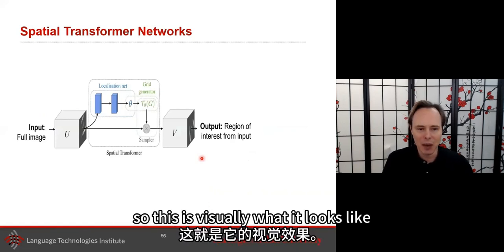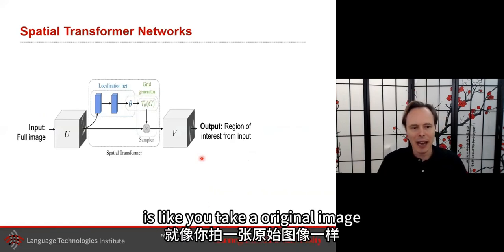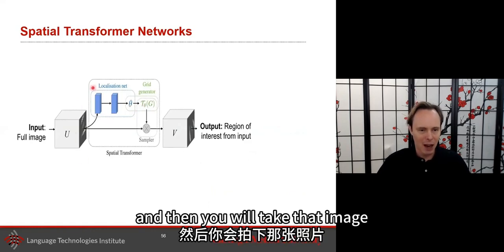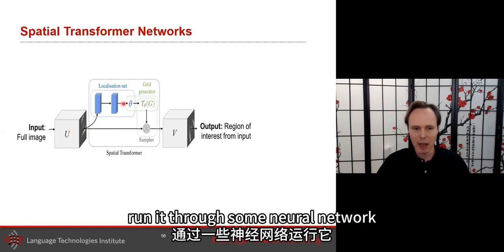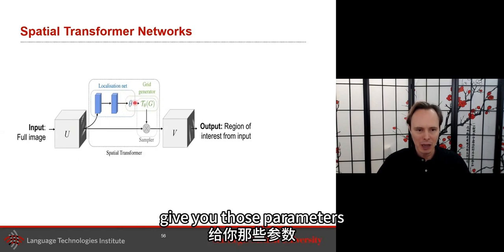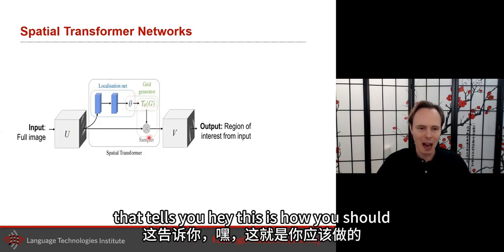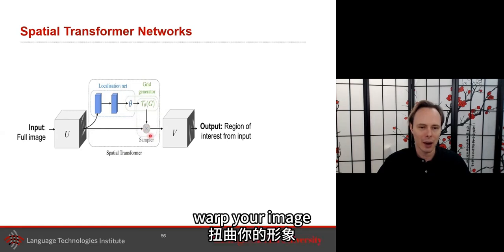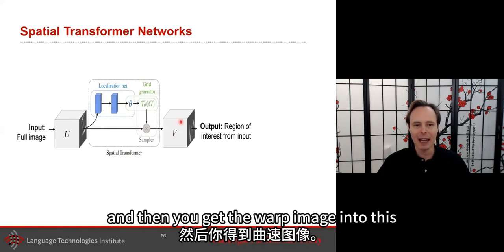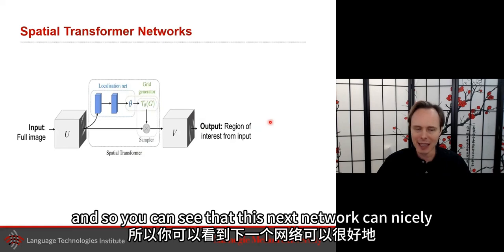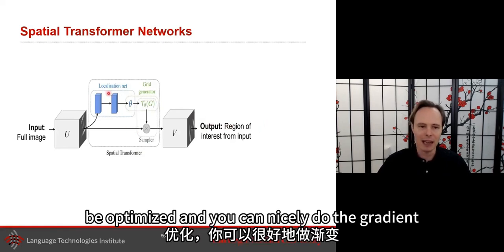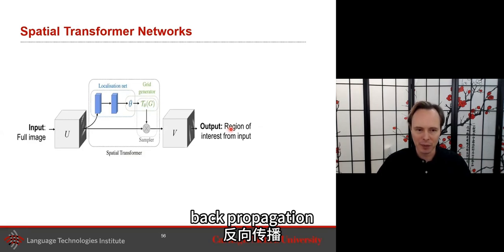So this is visually what it looks like: you take the original image, and then you run it through some neural network that gives you those parameters that tell you, hey, this is how you should warp your image, and then you get the warped image. And so you can see that this network can nicely be optimized, and you can nicely do the gradient backpropagation.